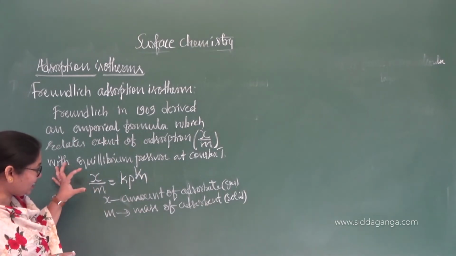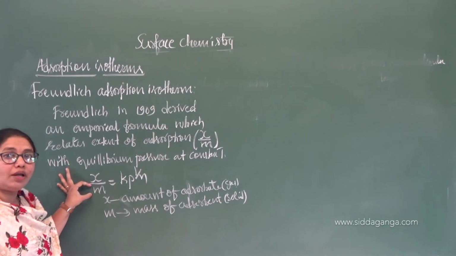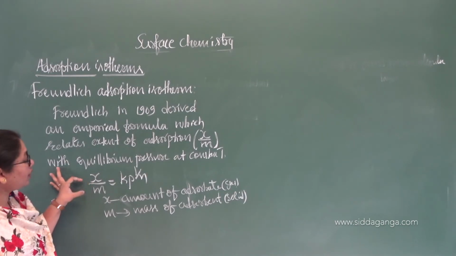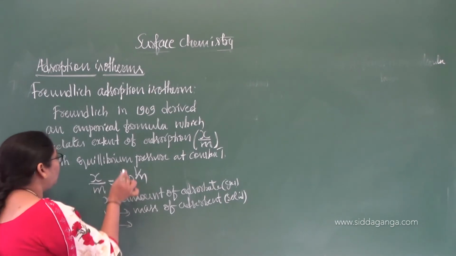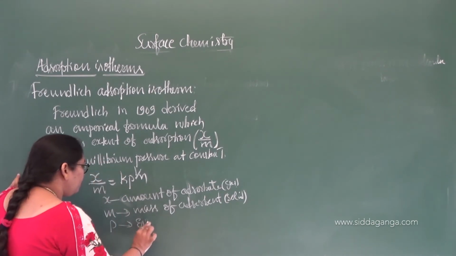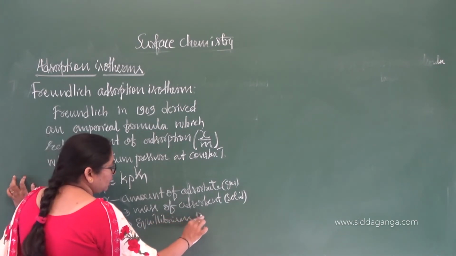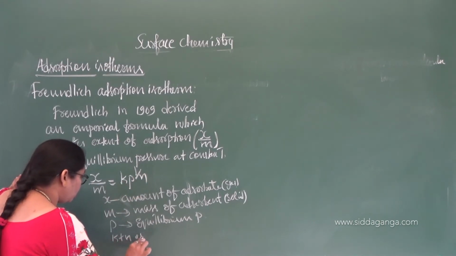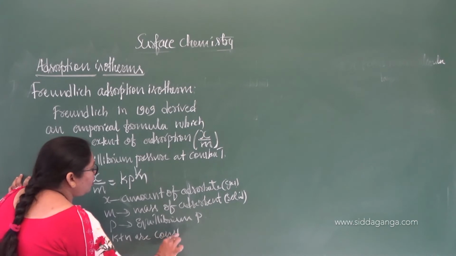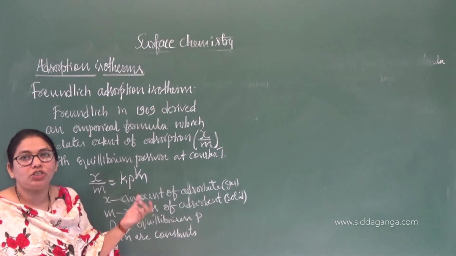x by m is the extent of adsorption: how much gas has been adsorbed on a particular unit mass of the adsorbent. P is the equilibrium pressure, as I told already. k and n are constants whose value changes with the particular temperature and pressure.